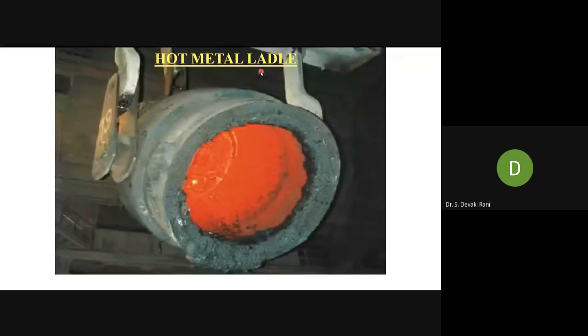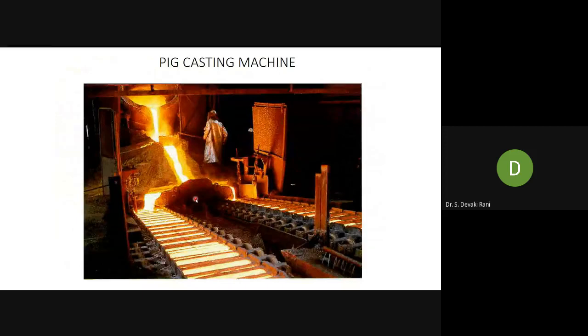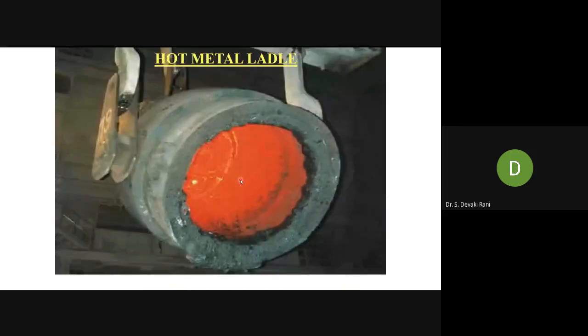This is a ladle. It is actually a concave surface ladle. They are discharging the hot metal. So this ladle is used for removing the metal from the furnace into the ladle. From the ladle, it will go to the steel plant.